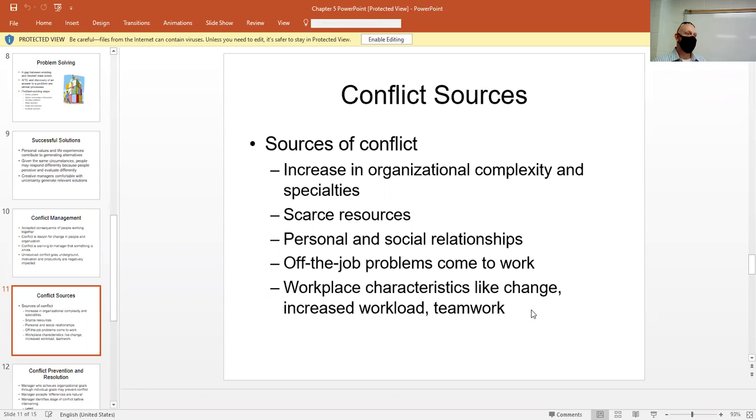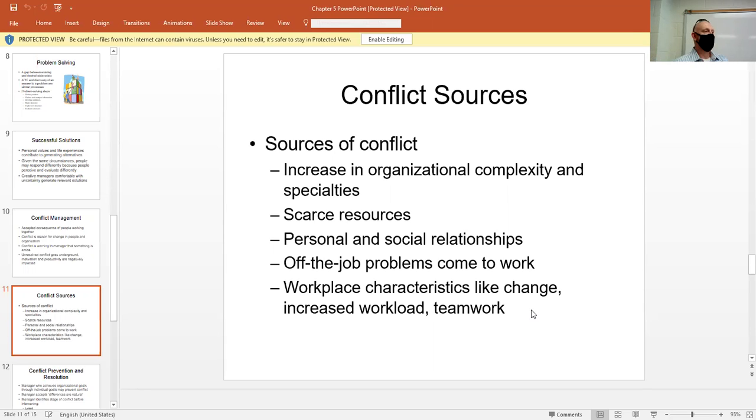As a manager, when you have change, people are going to be resistant to it. People are going to give you conflict, like, why are we doing this? Why are we changing this? This is working fine the way it is. As a manager, you have to find a way to spin it in a positive note to make people buy what you're selling. Even if you're not the one selling it, it's not your baby, it's not your idea, you have to rally the troops and get them to buy into what you're doing. Change causes conflict.